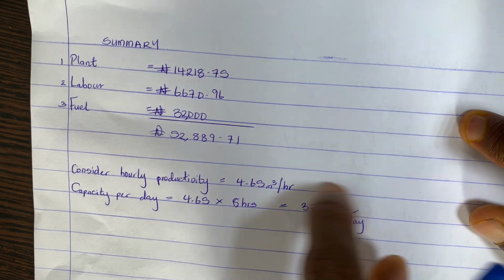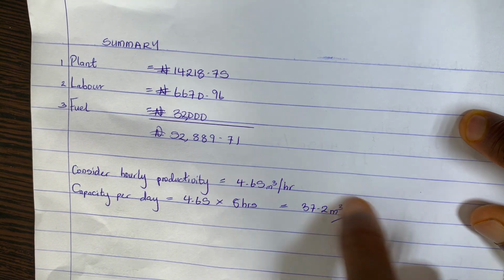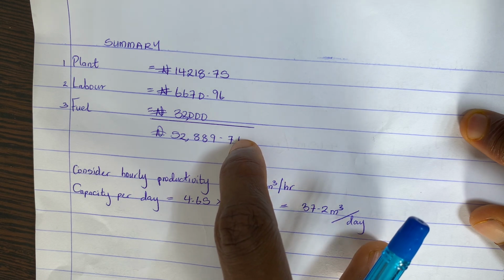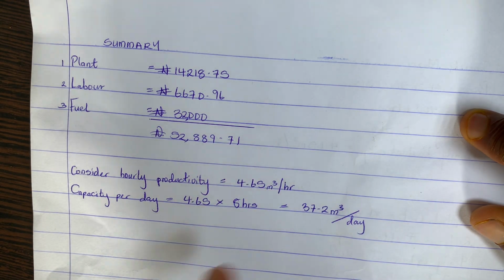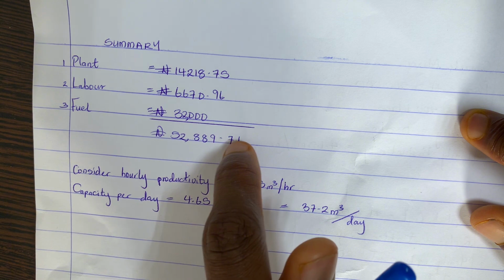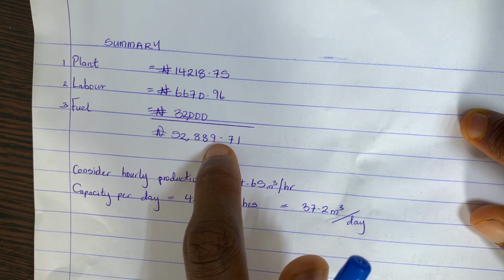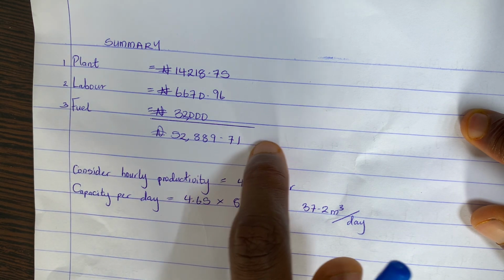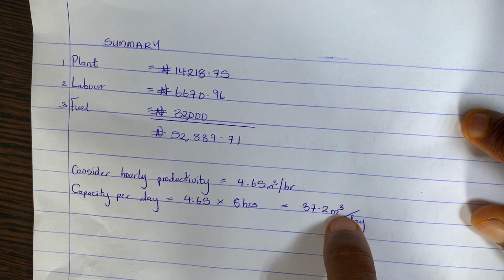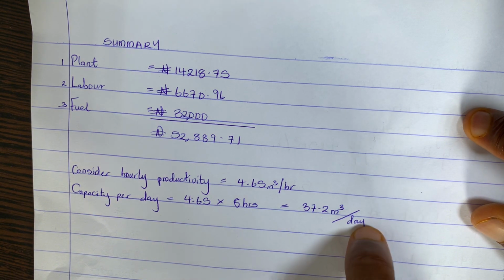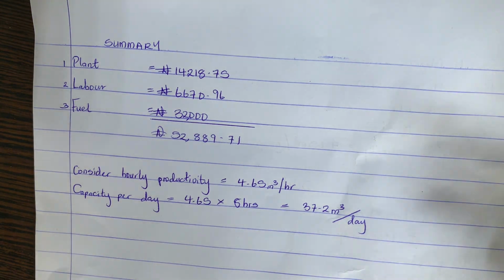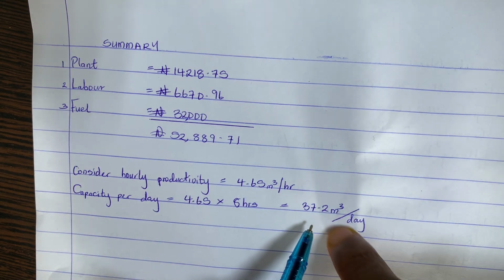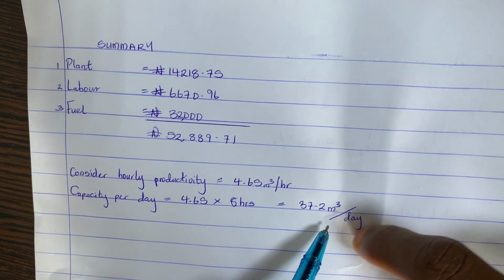So since we know that this is what the concrete mixer can mix in a day, we can now relate it to the costs that we've calculated. So the cost for this concrete mixer, which is 52,889.71, can also be said as the cost for this concrete mixer to mix 37.2 meter cube per day. I hope you get the logic. I just related the cost of this concrete mixer per day to how much the concrete mixer can mix per day.